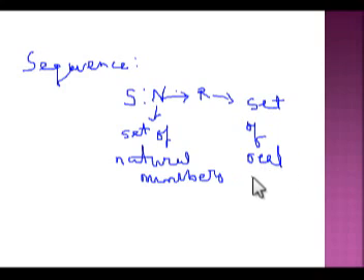So you can very easily understand that there is a mapping. A mapping must have a definite rule, otherwise it cannot be a mapping. So there is a mapping from natural numbers to real numbers.